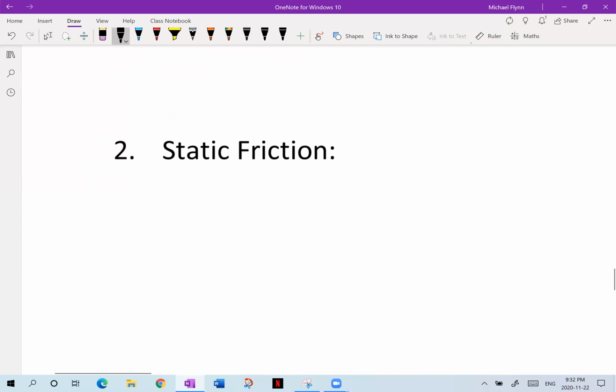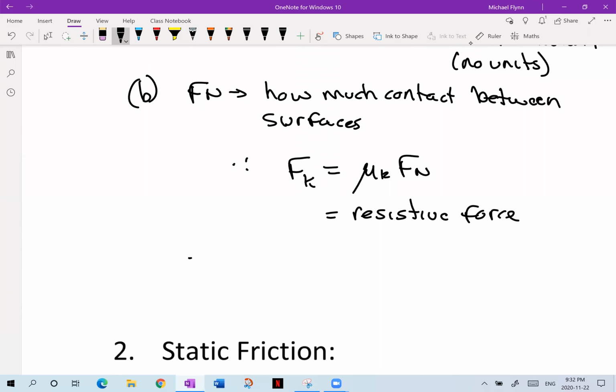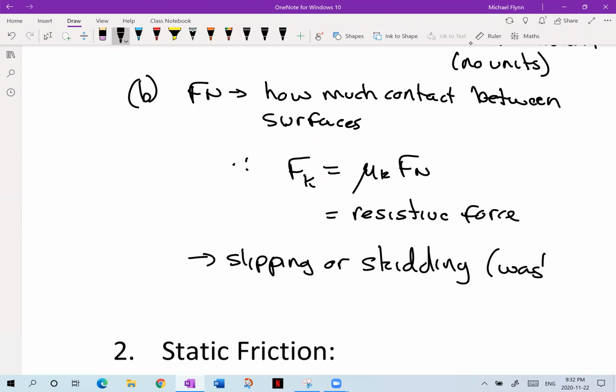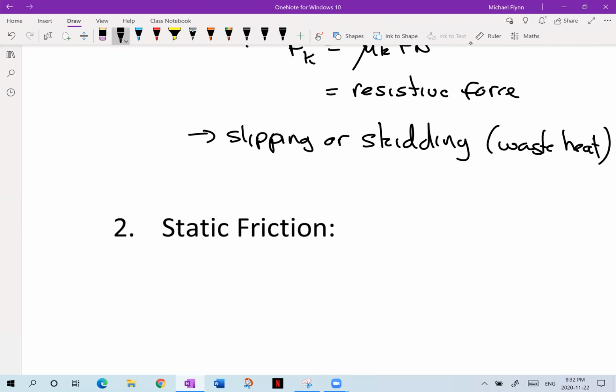Now let's go to static friction. Static friction is a bit different. With kinetic friction, you have slipping or skidding, and therefore there's waste heat being created by that process and you're losing energy. But static friction is the very opposite.